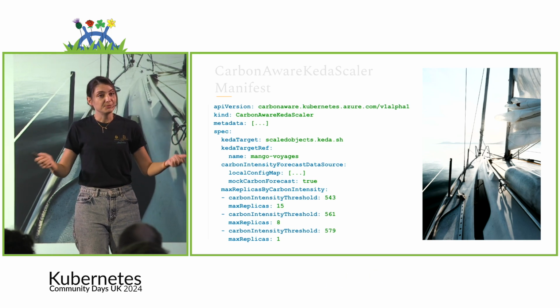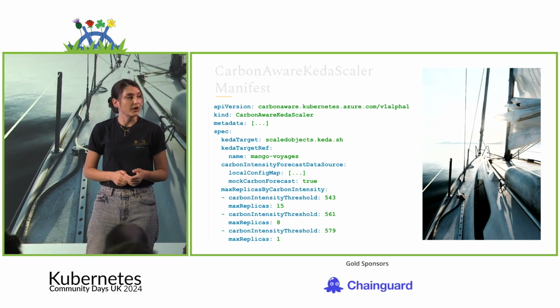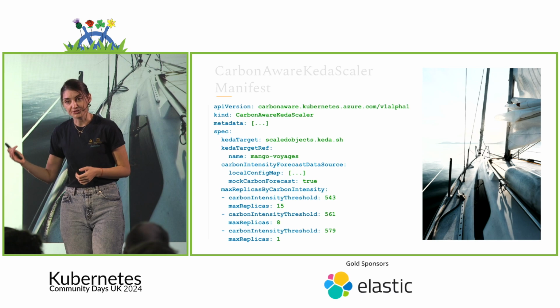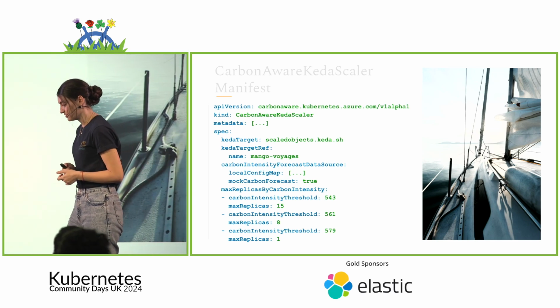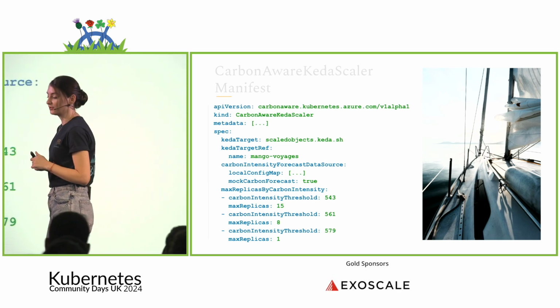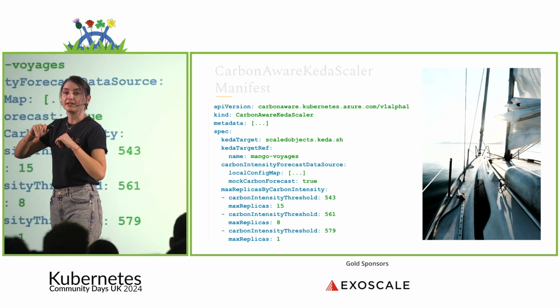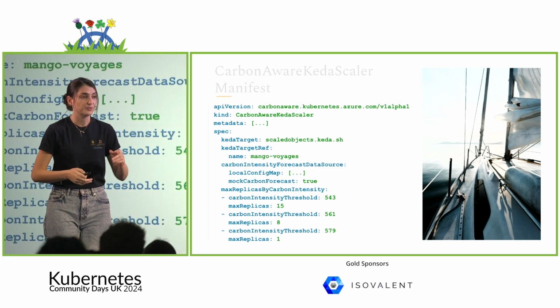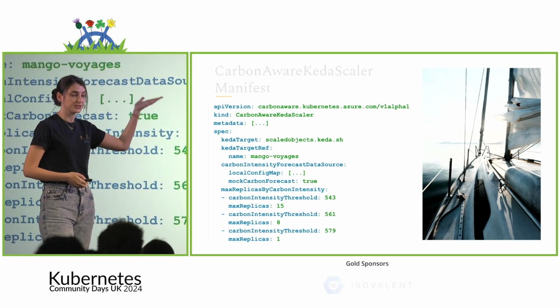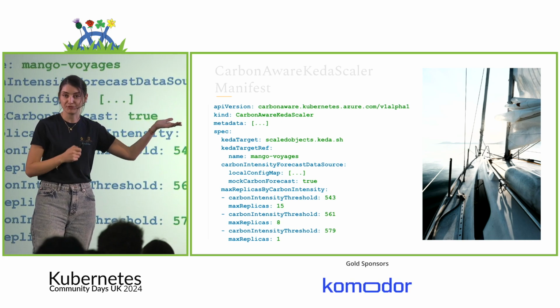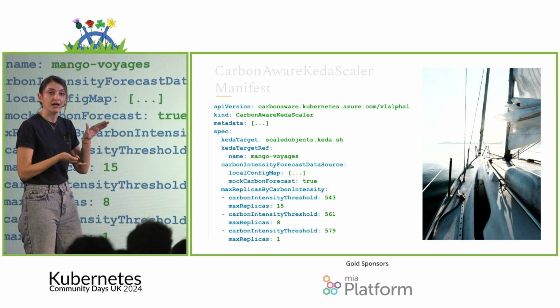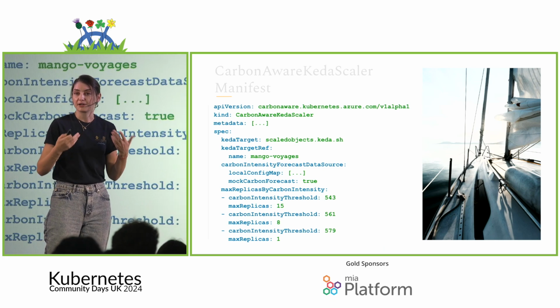Now, to scale any application with this operator, you require a carbon-aware KEDA scaler CRD, or custom resource definition. And this is going to have three levels of configuration. The first one is defining the application you'd like to scale. In this particular case, I'm referring to a ScaledObject CRD, which comes from KEDA, with the name Mango Voyages. Next, I'm requiring the forecast for my carbon intensity.